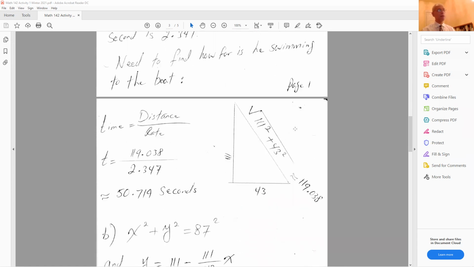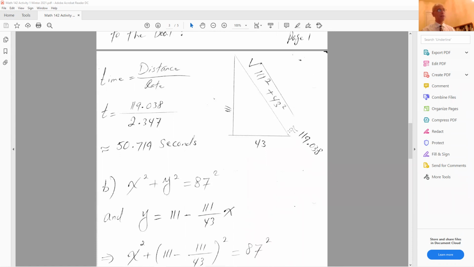Now, here I want to find out Clyde is here and the boat is here. What's the distance between Clyde and the boat? I do have a right triangle, 43 feet here, 111 feet here. So the hypotenuse is the square root of 111 squared plus 43 squared, to three decimals, I got 119.038.